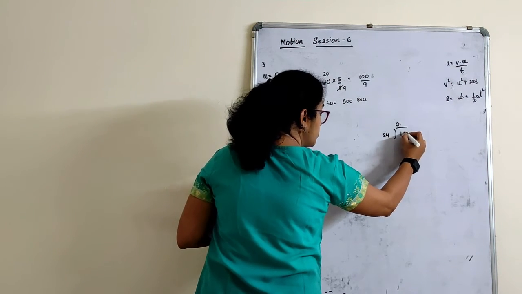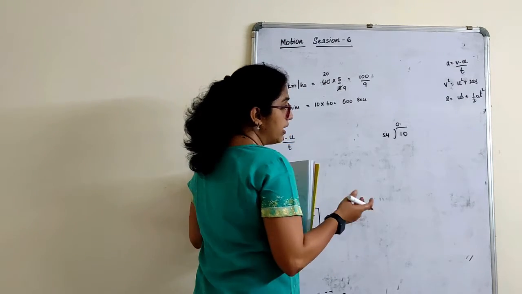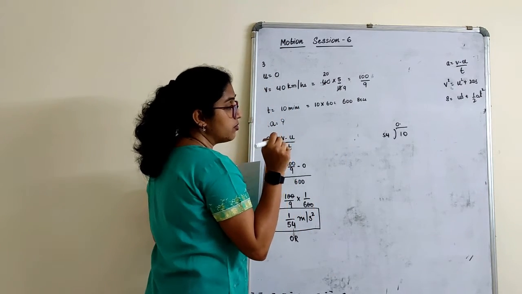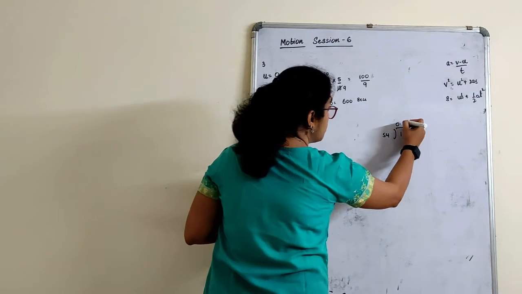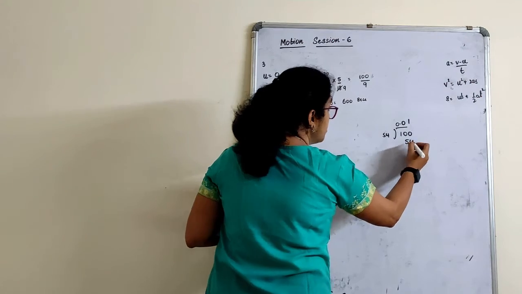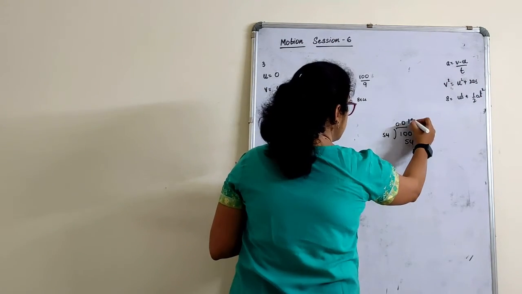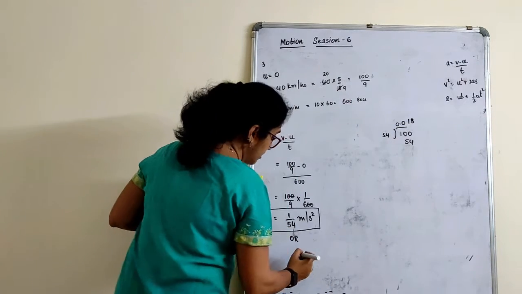1 by 54, first I'll take 0, I can take 1. So ones, I took one's decimal, so 1 0, but still I am not able to divide, so that was 1 more 0, 1 more 0, 54 ones are 54. So like this, when I go on taking at least for 2 decimals, 0.0185 is what it comes.